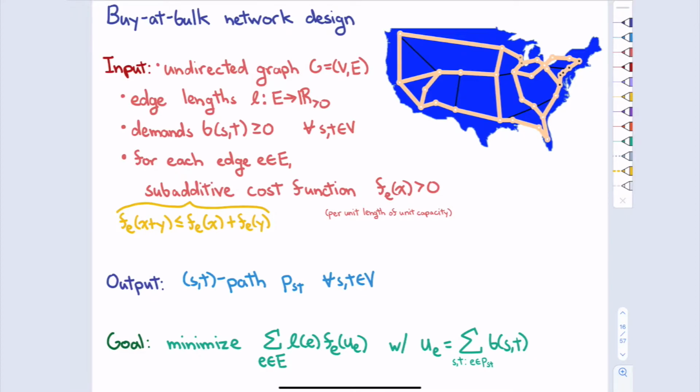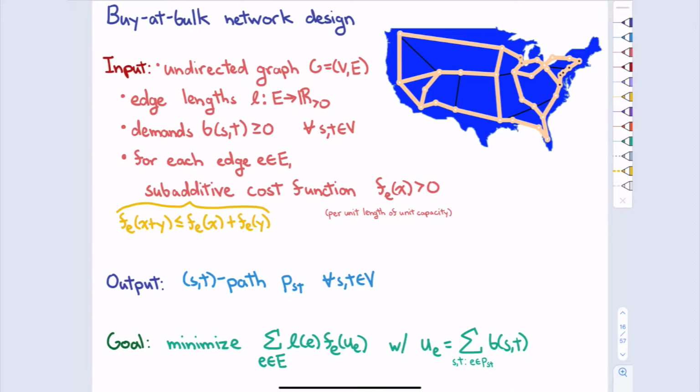Okay, so I'm summing up over all the pairs that are using that edge to communicate their demand, however much they're communicating. So that's how much I'm sending over edge e, given my choice of path per pair, and that plugs into my cost, which is something with decreasing marginal cost.